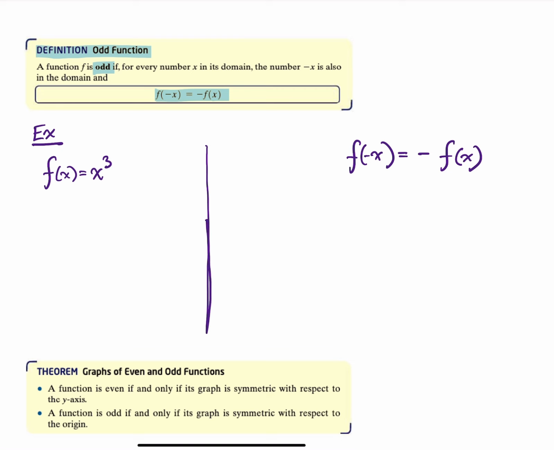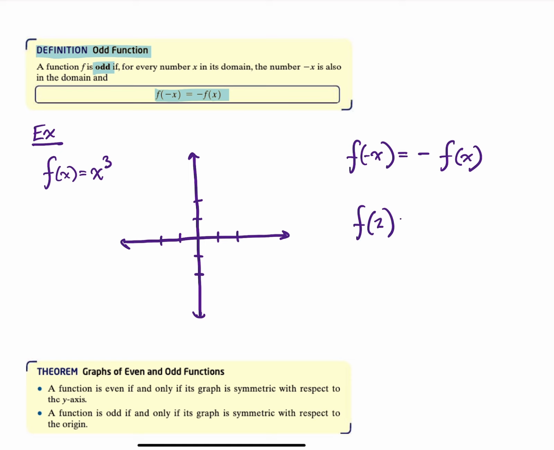So let's look at this one. If we do a similar thing, let's use 2 and negative 2 again. Say we have f of 2. We're doing x cubed this time, so this is 2 cubed, which will be positive 8.